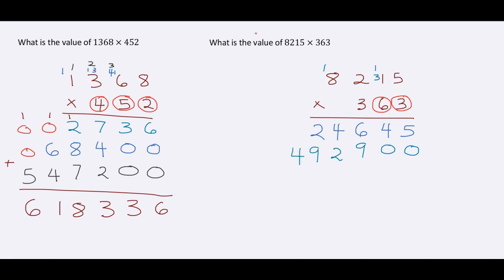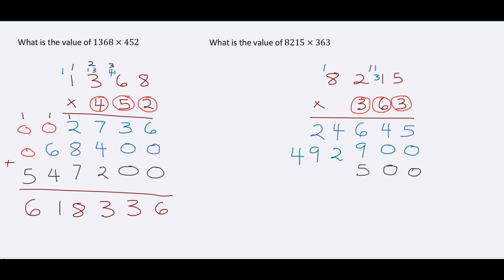And then we now multiply by the number in the hundreds position. When we do that, we're going to write a 0 in the ones position, in the tens position. And then 5 multiplied by 3, we have 15. So we write 5.